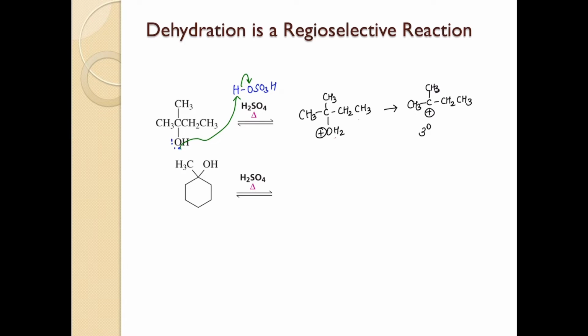In order to identify all the products that are obtained, you need to identify where the alpha carbon and the beta carbons are, abstract the beta hydrogen, and form the products. So here is your alpha carbon and here are your beta carbons. You need to abstract one of these hydrogens here or one of these hydrogens from here. Let's find out what products you're going to get if we abstract this hydrogen first.